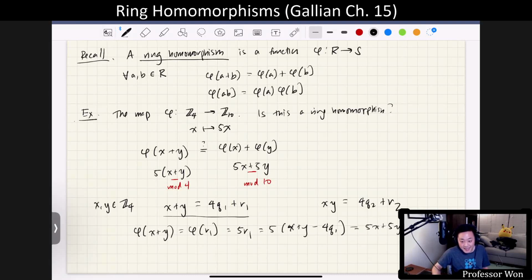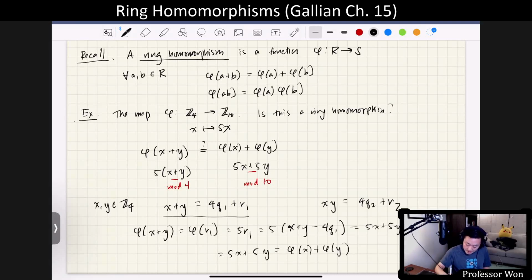But in Z10, that is the same thing as 5x plus 5y. So you get phi of x plus phi of y. Right, so we've made sure that when we added x and y, we added them modulo 4. That's the 4q1 plus r1 business. And then after we mapped over to get 5r1, we reduced that modulo 10. And we made sure that we did in fact get 5x plus 5y, right?